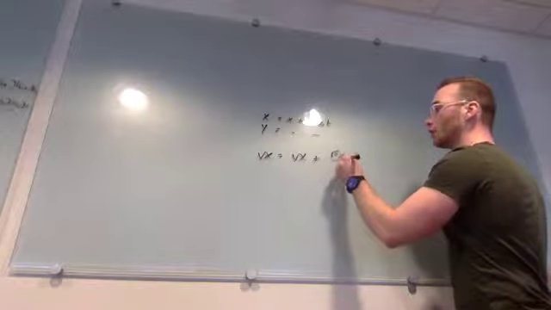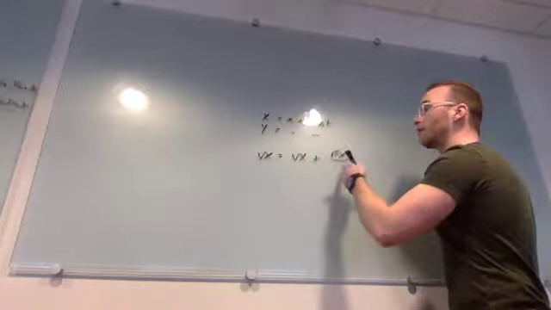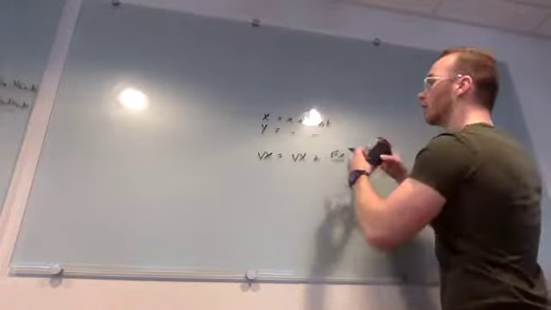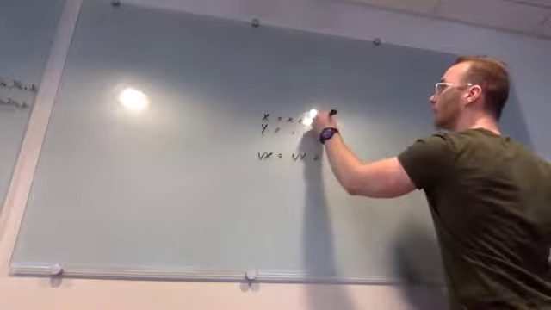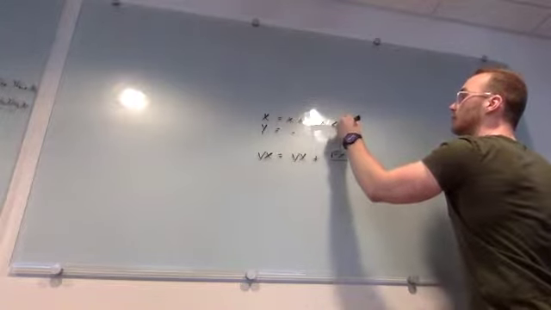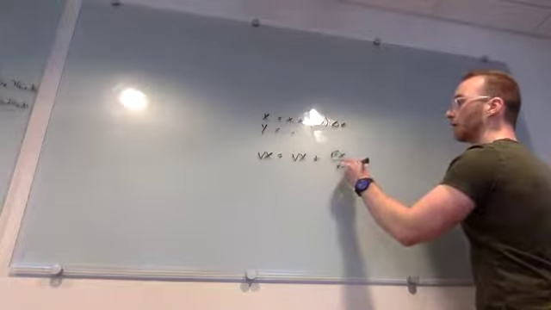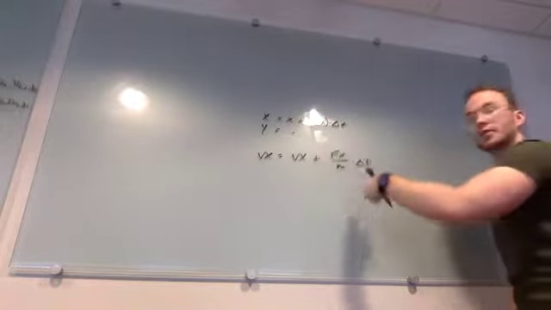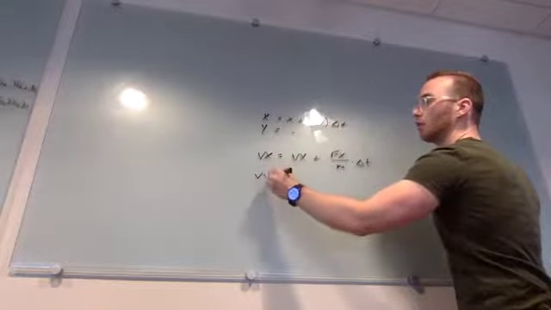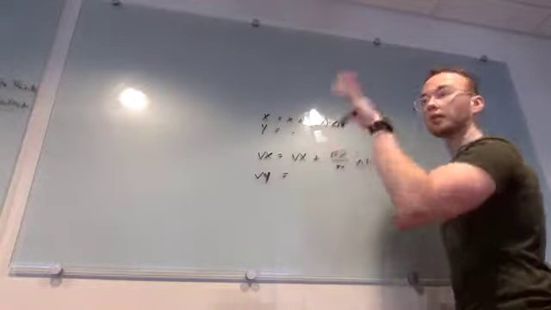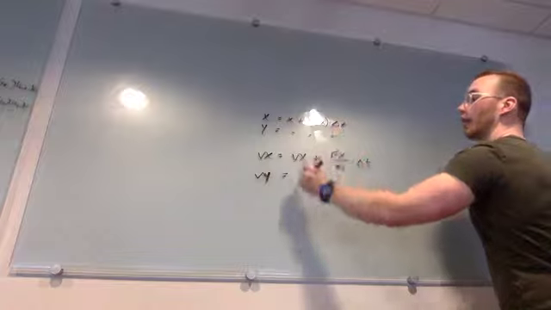So, once we have this, this is the original way to do it, where you have Vx times delta t, right? And Vx is this over m times delta t. And you have Vy, the same thing.